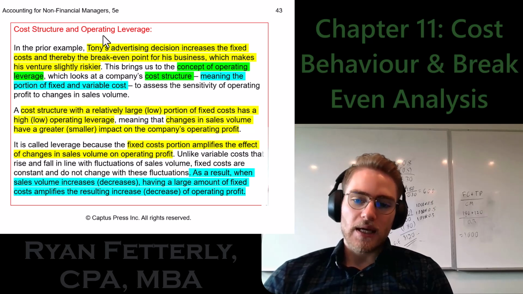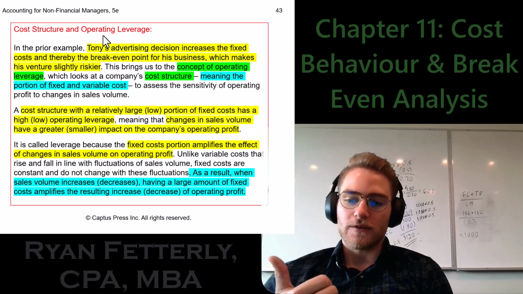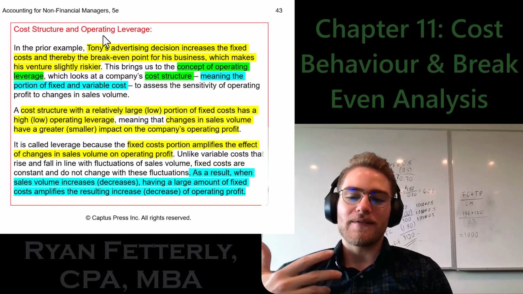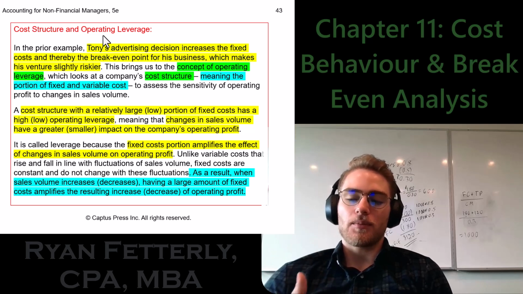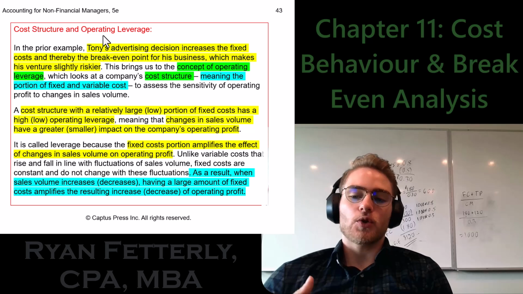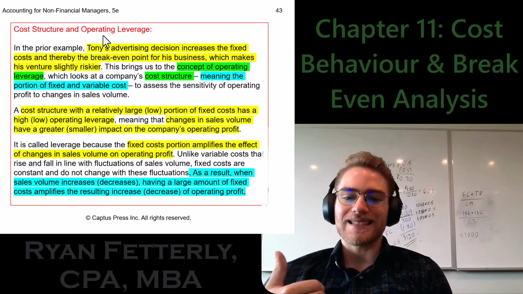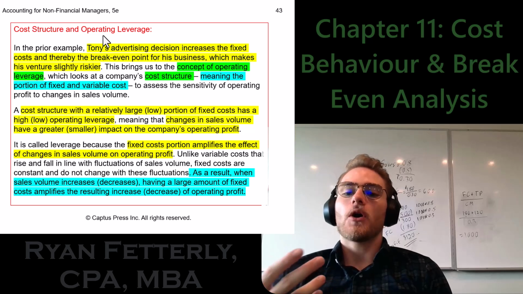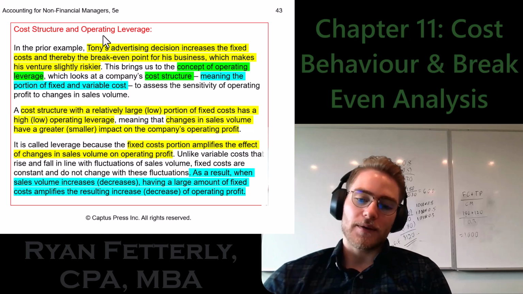So in summary, a cost structure with a large portion of fixed costs has a high operating leverage, meaning that changes in sales volume will have a greater impact on the company's operating profit. Whereas a cost structure with a low portion of fixed costs has a low operating leverage, meaning that changes in sales volume have a smaller impact on the company's operating profit.